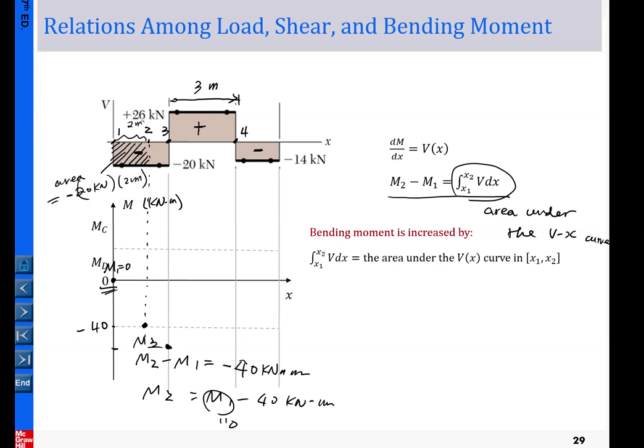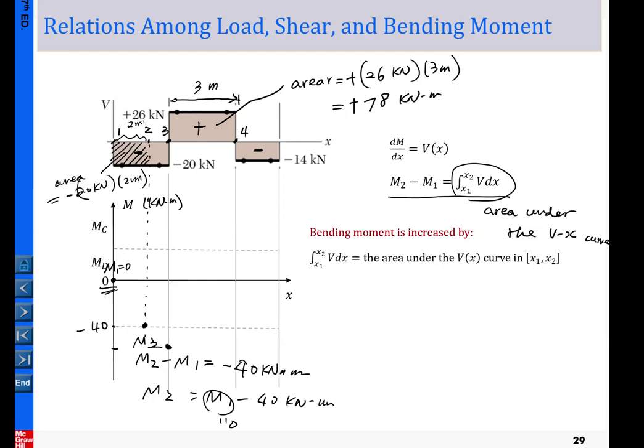This area between 3 and 4 is the area under the Vx shear diagram curve between position 3 and position 4. This area has a magnitude equal to 26 kilonewton multiplied by 3 meters, which equals 78 kilonewton meters. This is the magnitude, and this area is above the horizontal axis, so it is positive.